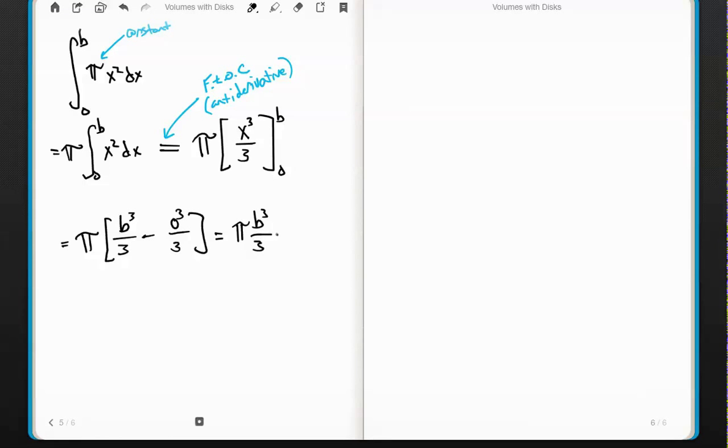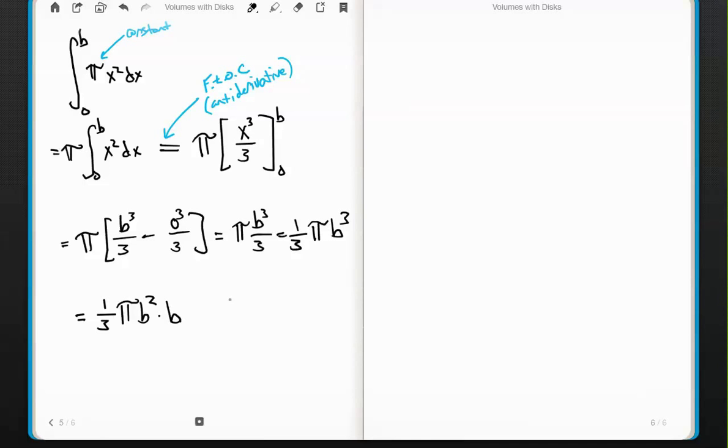Or another way to write that equals 1/3 pi b cubed. All right, now I'm going to write that one more time in a little different way. It works out to be 1/3 pi b squared times b. Now why would I write it like that?